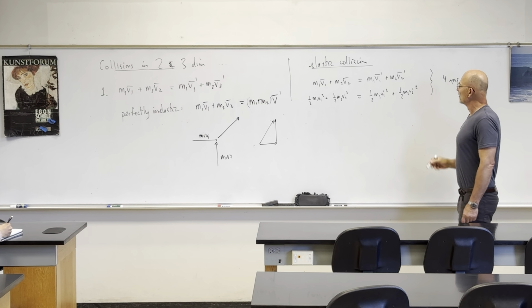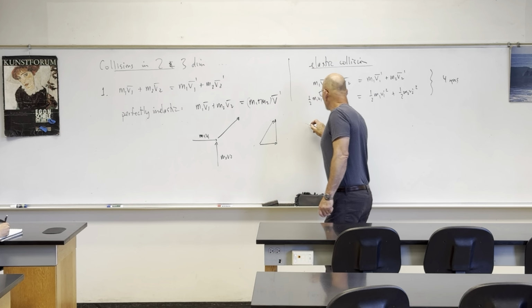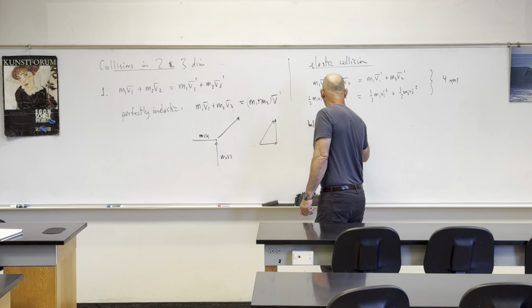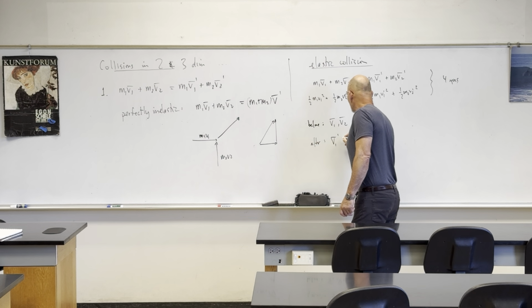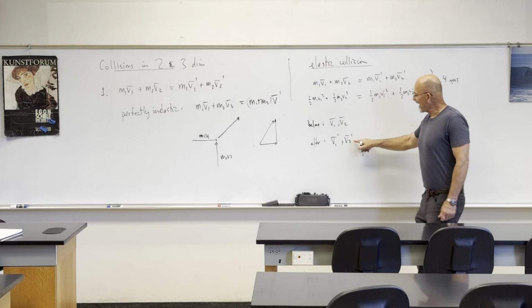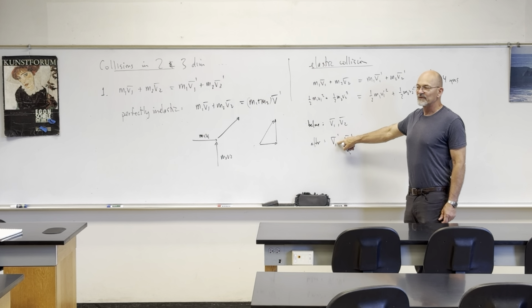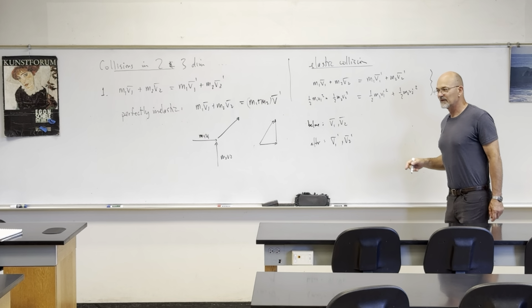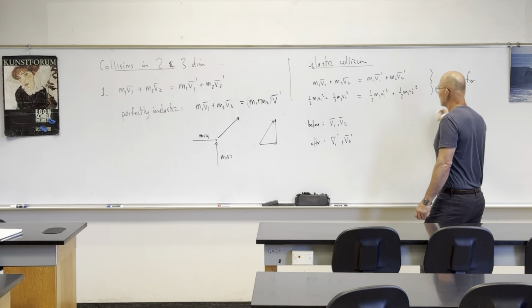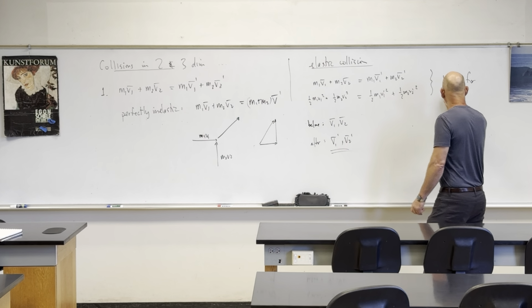But in 3 dimensions, in space, how many unknowns are there? Before, we're looking at V1, V2, and after that we're trying to solve for V1 prime, V2 prime. So that means there are 6 unknowns, and there are only 4 equations. 4 equations for 6 unknowns.